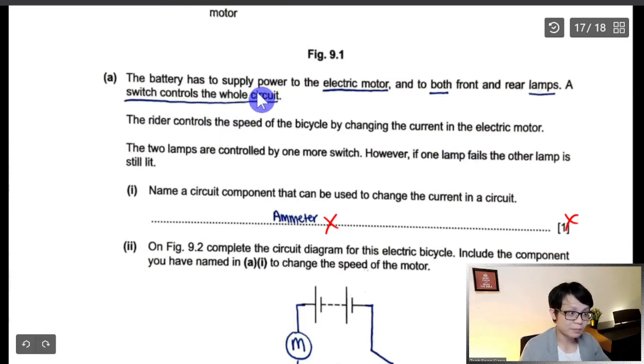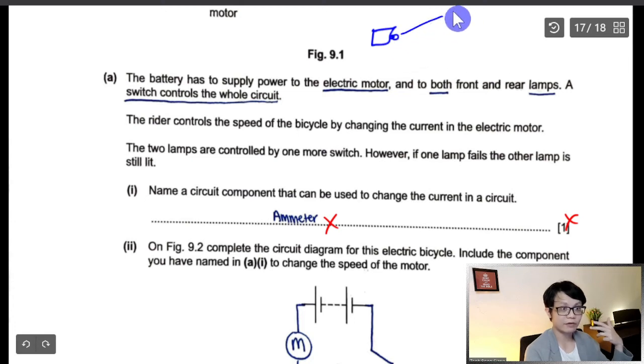The battery has to supply power to the electric motor. Let me read slowly again. You need to imagine there's a wire to the electric motor, and both front and rear lamp. So there are two lamps, one to the front lamp, one to the back lamp. In my mind now, there will be a battery.